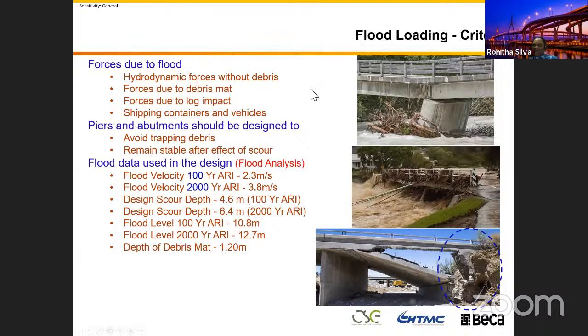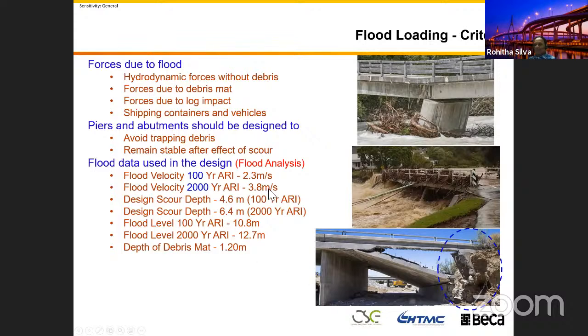When we are designing, we do flood modeling, or else you can use empirical formulas. We know the limit states: the SLS is 1 in 100 and the ULS is 1 in 2000 year. Then you can instruct your drainage modelers to come up with the design parameters you need.